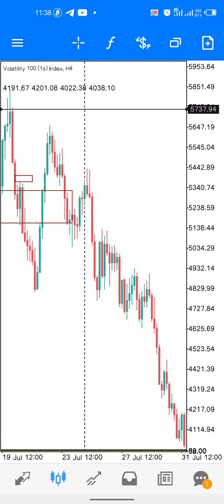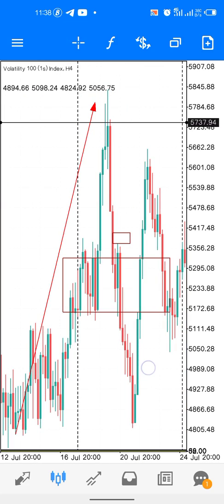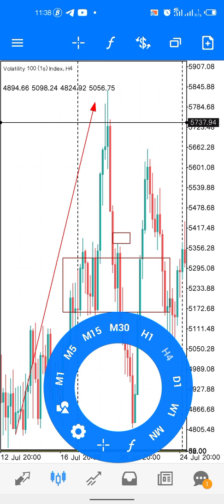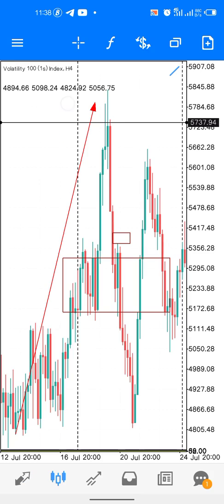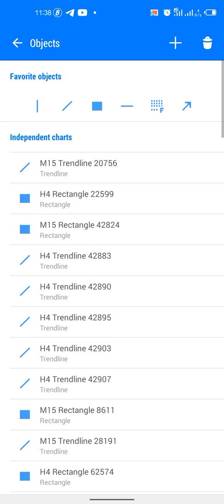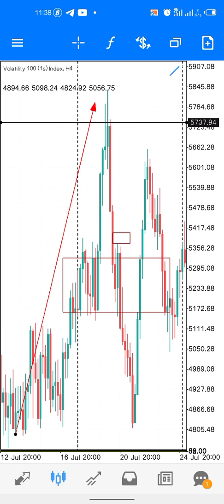Yes, it bounced on this order block, but if you notice the bounce, it gave us something sweet. I've seen it, a liquidity bottom. This double low serves as liquidity.